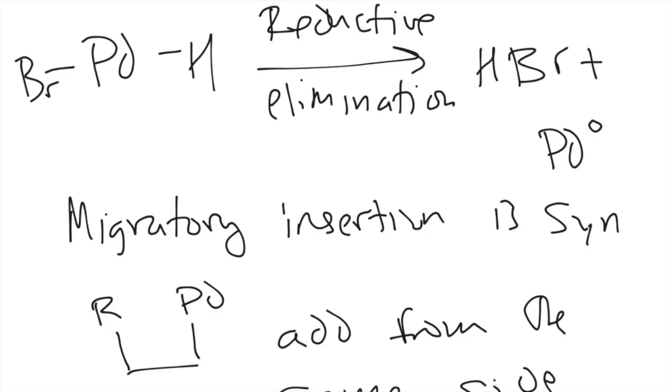So you can think of the palladium as putting the carbon group that it had on it on the double bond from the same side the palladium's on. So like the palladium is holding that R group and then dropping it on the double bond with it at the same time. So they end up on the same side.